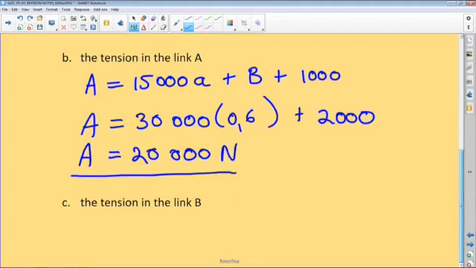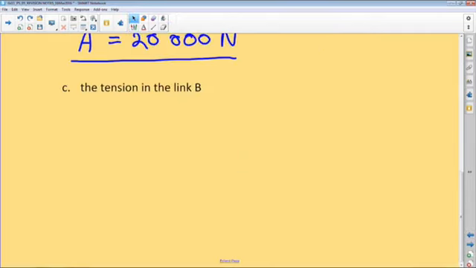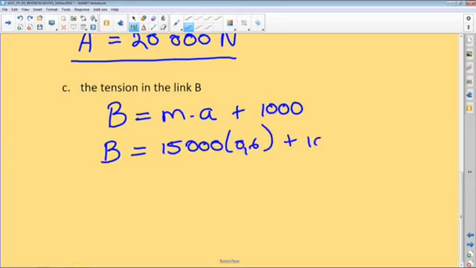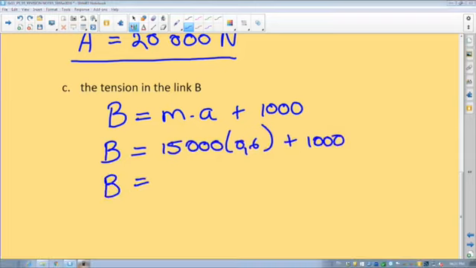And then, to do the last little bit, the tension in link B. So if you can remember, it was B is equal to mass times acceleration plus 1,000. So B is equal to 15,000 times 0.6 plus 1,000. So B is equal to, and we're going to find our calculator again.